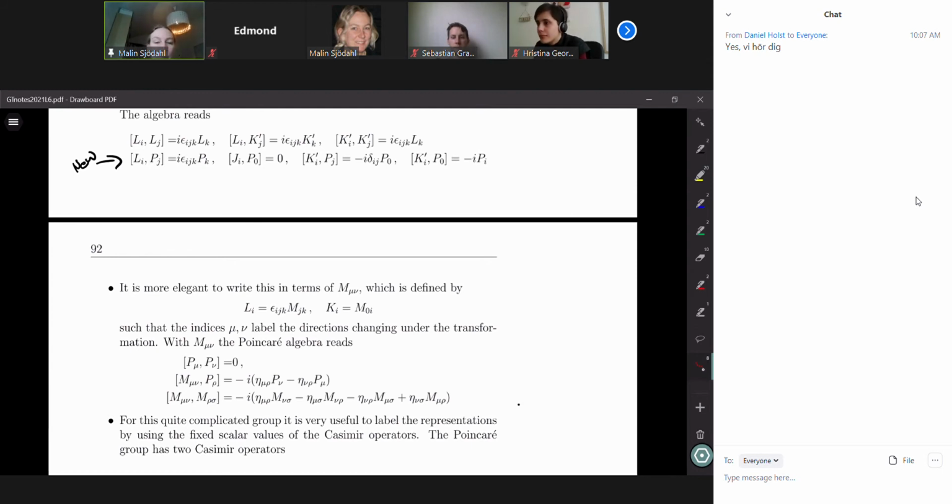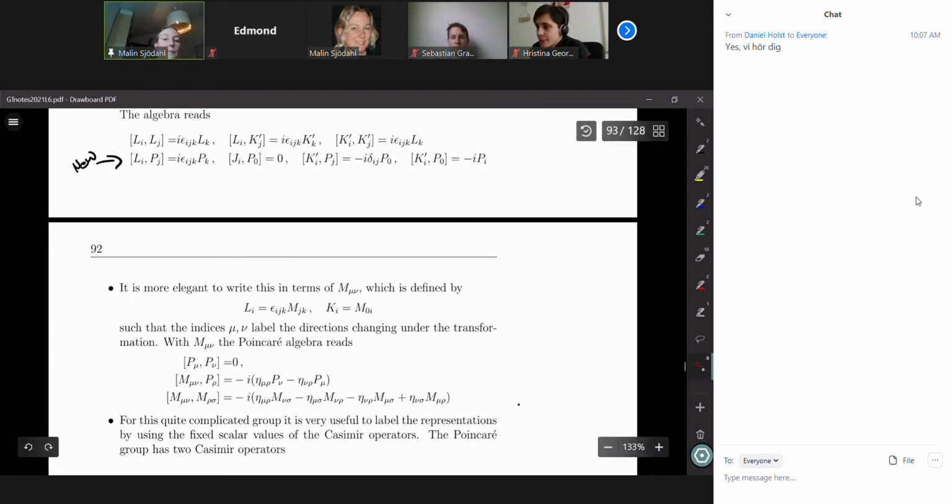So it should not be super surprising that if we instead label generators by the plane that is involved, that plane could be, say, the xy plane for rotation, or any other spatial directions, or the tx plane for boost in x direction, etc. So now we take the same set of generators, but we just rename them slightly.